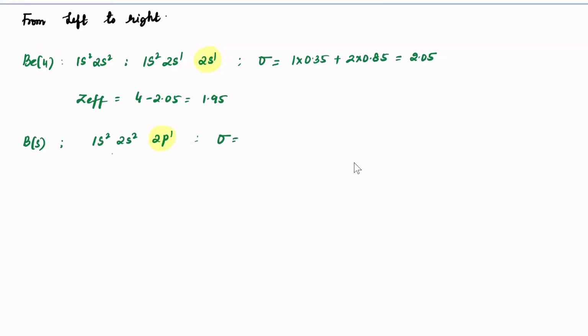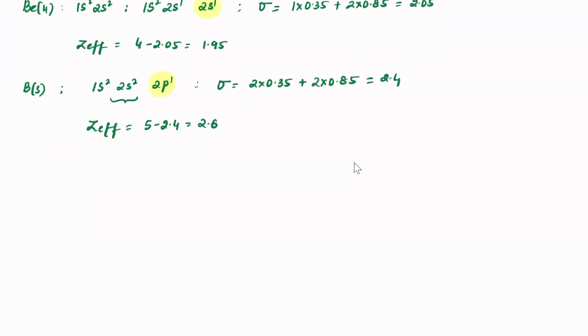Sigma value will be equal to 2 into 0.35 plus 2 into 0.85, from the same shell and the n minus 1 shell. Got it? And that's coming out to be approximately 2.4 units. So Z effective will be equal to 5 minus 2.4, which is 2.6.